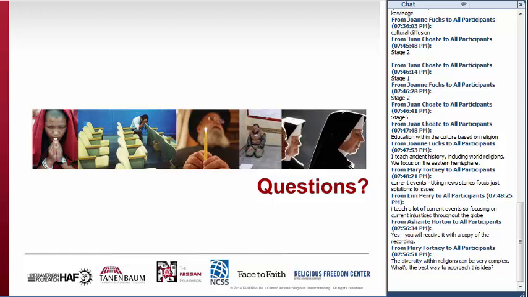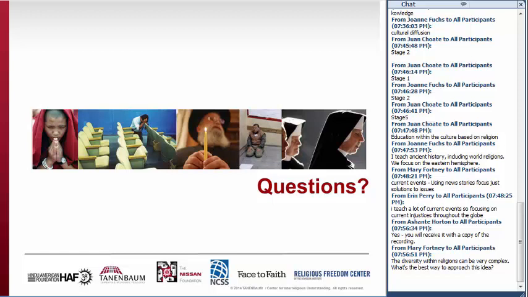So the question is, the diversity within religions can be very complex. What's the best way to approach this idea? One of the things that we talk about when we're doing trainings, not just in education, but in our other program areas, is to talk about religion as a fluid experience as opposed to a fixed identity.